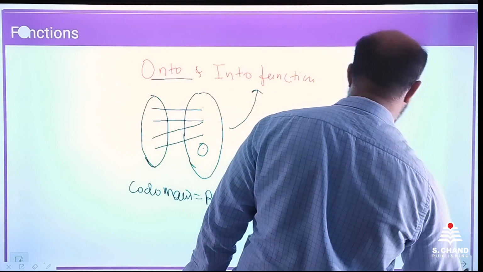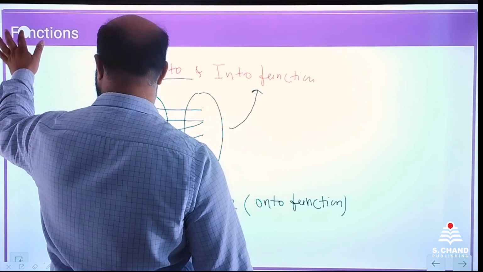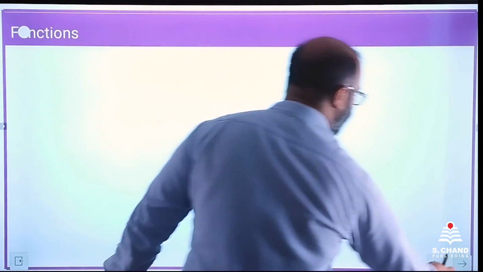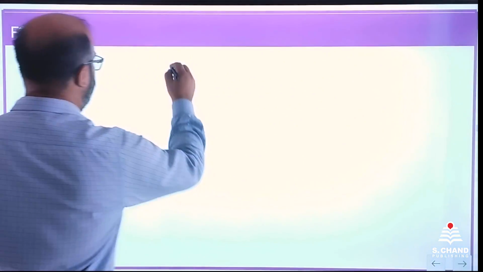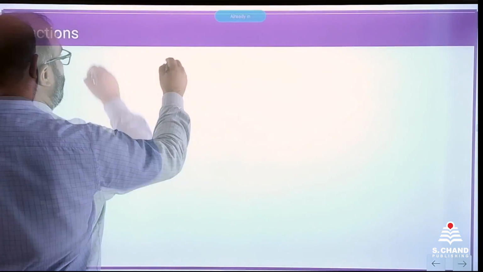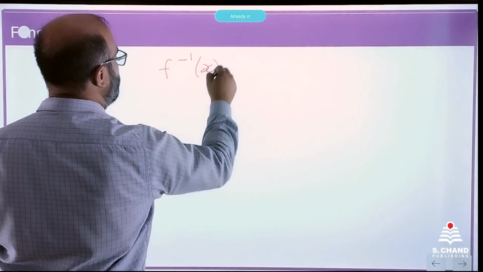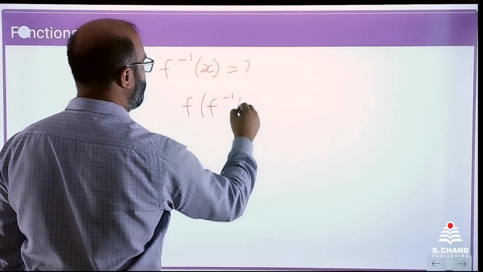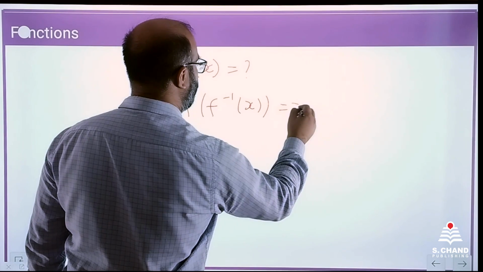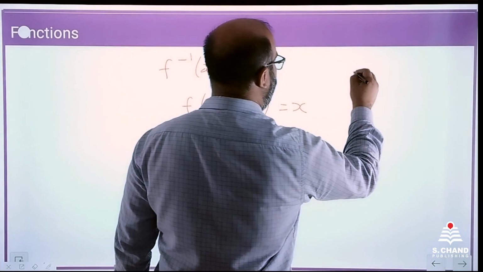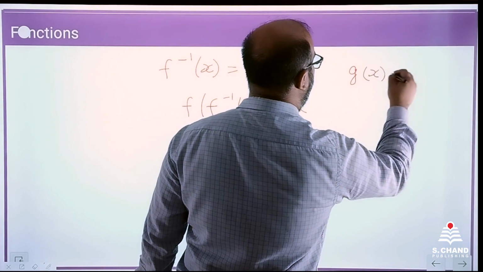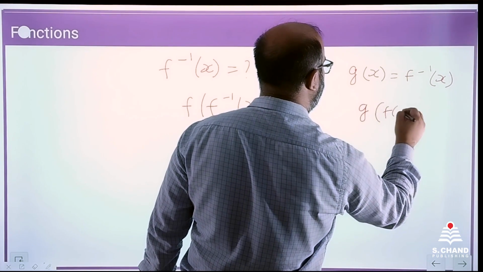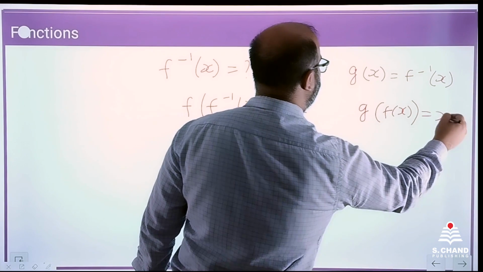Now we come to inverse function. So what is an inverse function? Inverse function is a function which is written like this, that if we have f inverse of x, then this means that f of f inverse of x is equal to x. Or we can say that if g(x) is a function which is called to be f inverse of x, then g of f(x) is equal to x also.